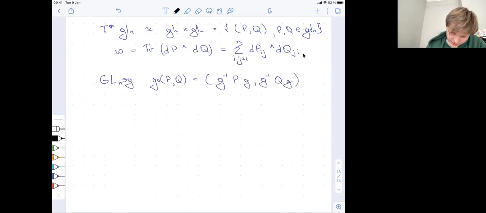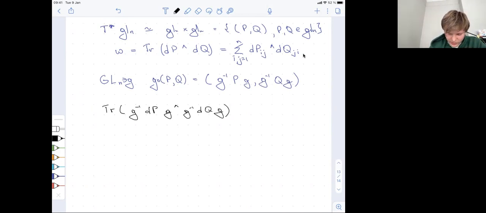Well, you can easily check that this action is symplectic because if you insert this into the symplectic form, you will get G^{-1} dP G wedge G^{-1} dQ G. Since G and G^{-1} are constant matrices, you may ignore the wedge sign, so they just cancel each other and give you identity.